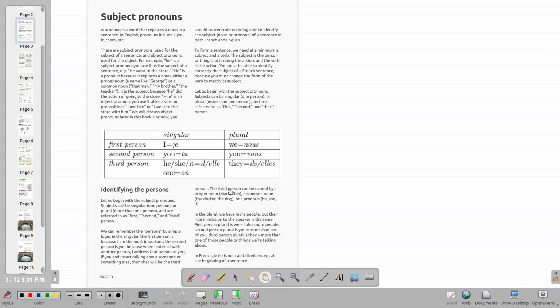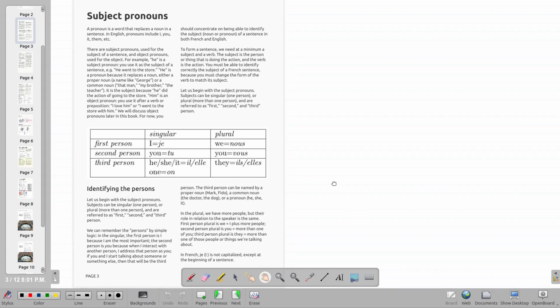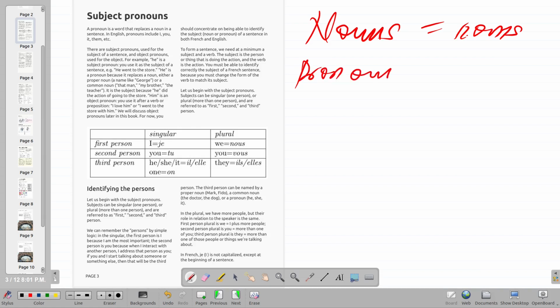When I talk of parts of speech, you may have heard about things like nouns. In French, we say nom. Les noms. You can make it plural by adding an S. So nouns, pronouns, verbs.